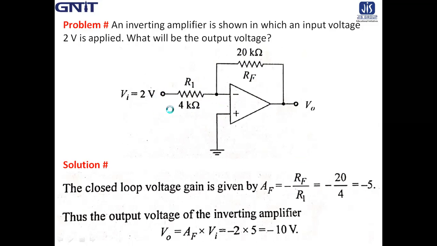So V0 is equal to, you know the value of the input voltage, that is 2 volt. So V0 is equal to gain AF into Vi. So that is minus 10 volt. So in that way, you can easily calculate the output voltage for inverting amplifier.